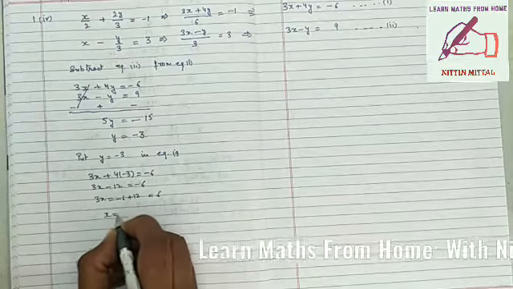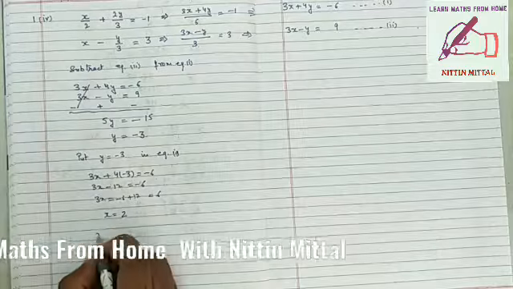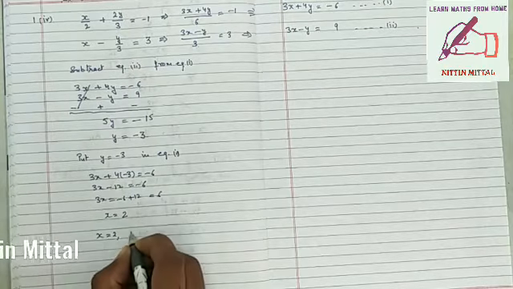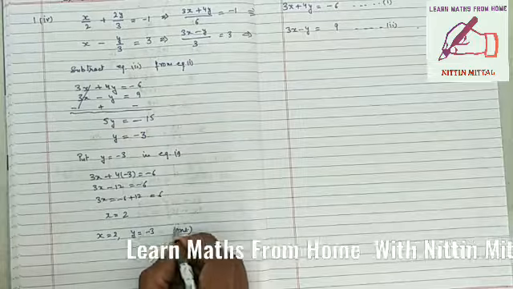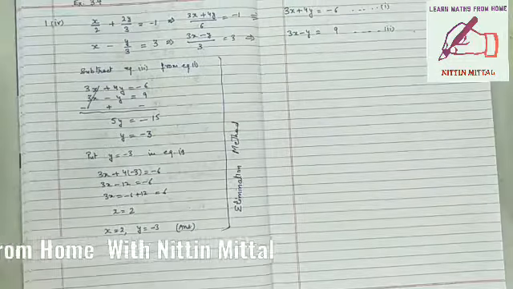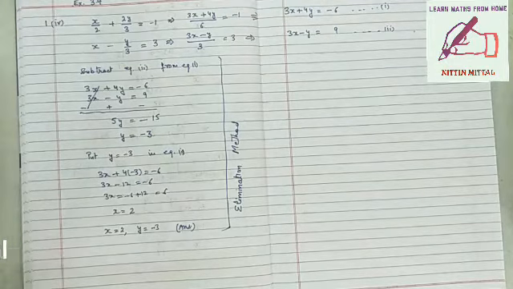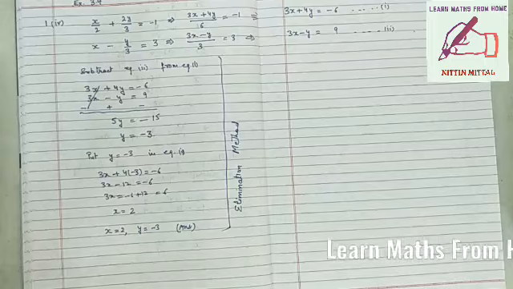So x will be equal to 6 over 3, 2. So x is equal to 2. x equal to 2, y equal to minus 3 is the solution of the question by elimination method.